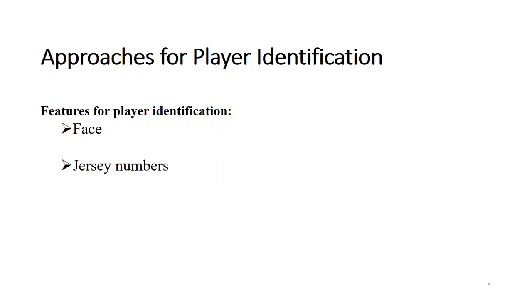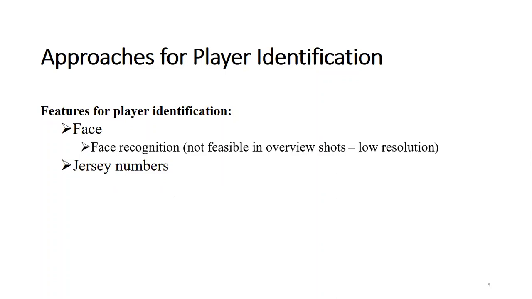The features that are employed for player identification are faces and jersey numbers. But approaches that rely on face recognition for identification operate in close-up shots, where the player's face appears clearly, and become invisible in overview shots due to the low resolution of a sports player.